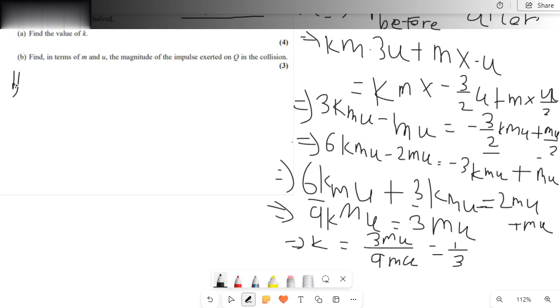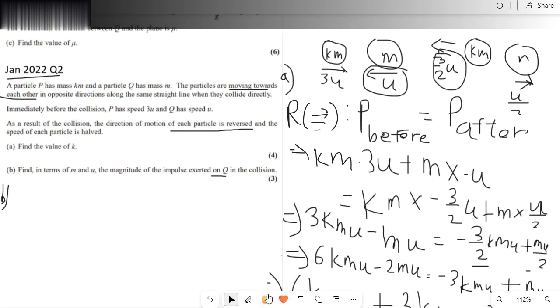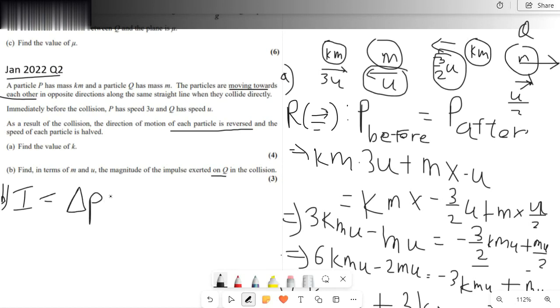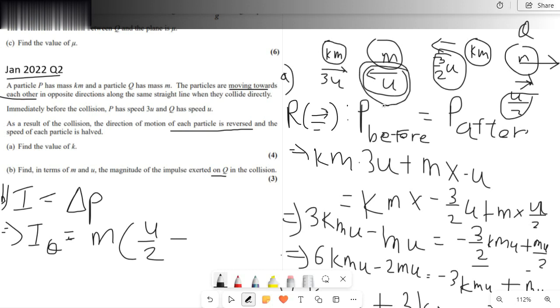For part B, we have to find the magnitude of the impulse exerted on Q in the collision. So referring to the diagram again, if this particle is Q, impulse will be received here. Using the impulse formula, I is equal to change in momentum, which is delta P. We have IQ towards the right, as the final velocity is towards the right, so this is mass m times u by 2 minus, because the initial velocity was u to the left, so it should be minus u.